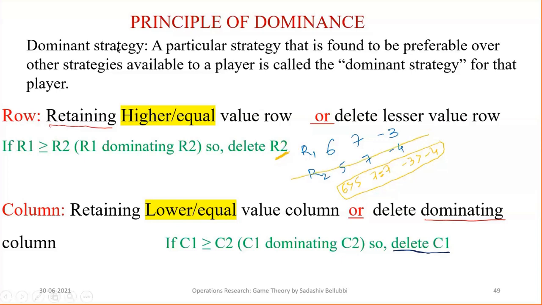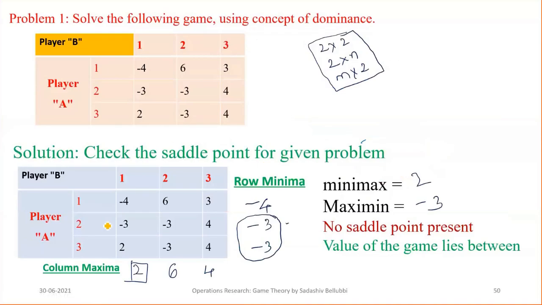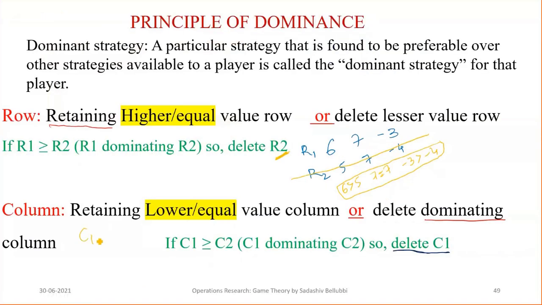Next, if you are comparing column-wise, you need to retain the lower-valued column and delete the dominating column. If C1 is dominating C2, the C1 values are, for example, 10, 12 and -5, and the C2 values are 7, 8 and -5.